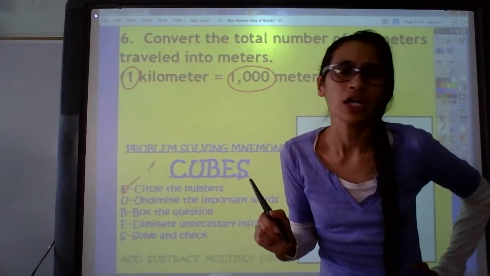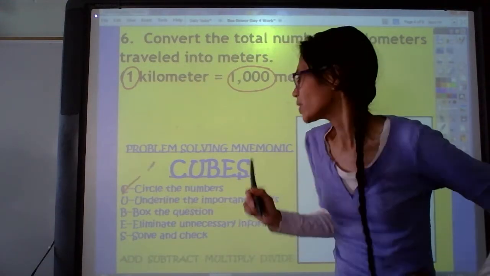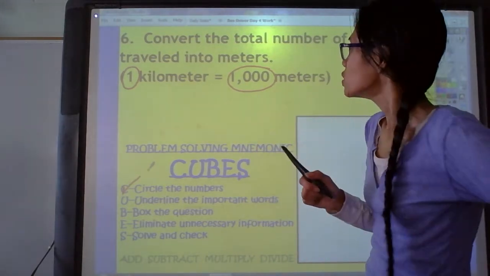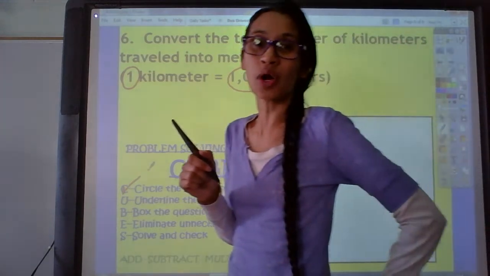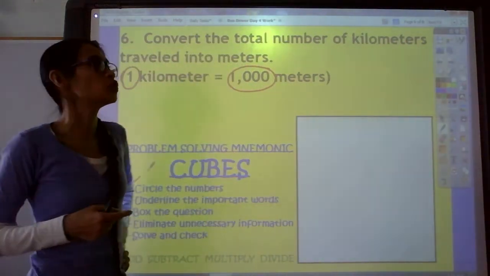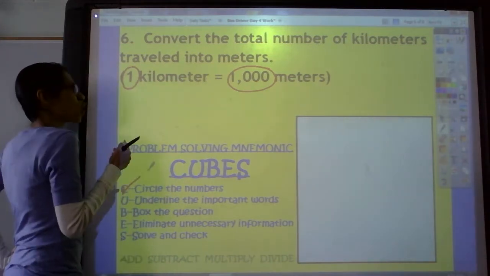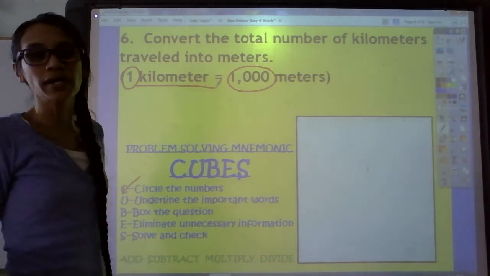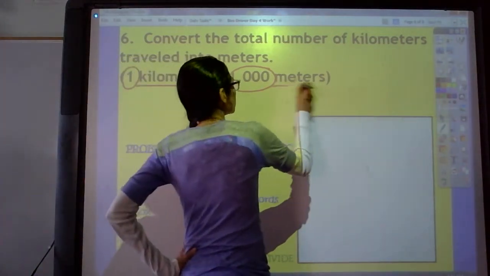The next step in our cubes clues is the U step. And the U step says to underline the important words. So find some important words for me. We can start off with the numbers and find the unit. Figure out the unit. So for example, here I have 1 what? 1 kilometer and 1,000 what? 1,000 meters.